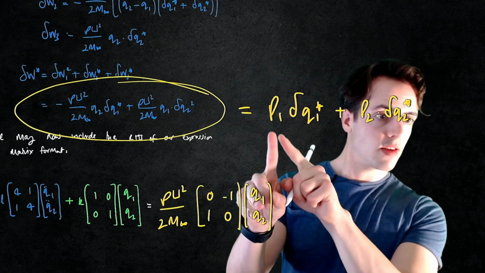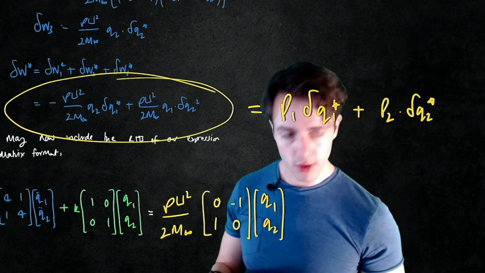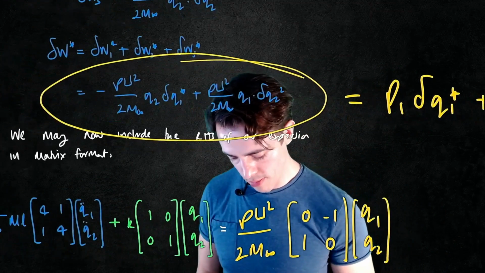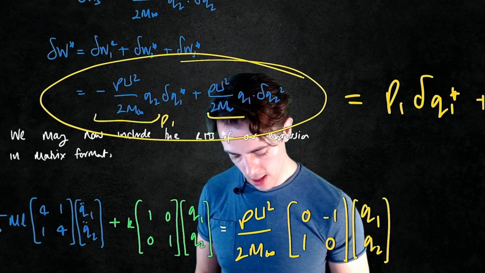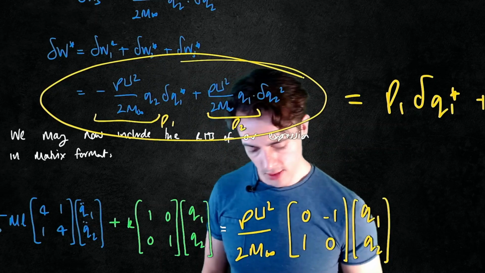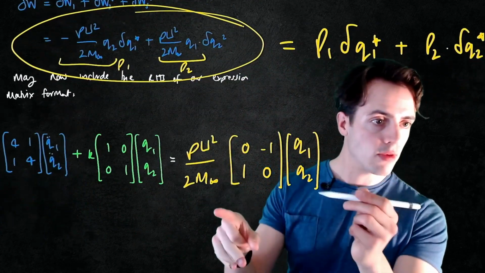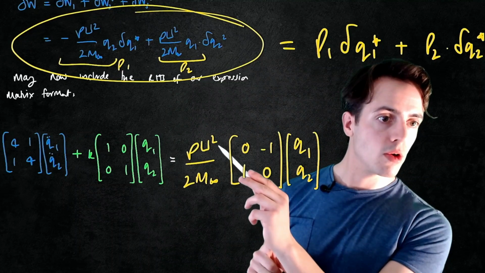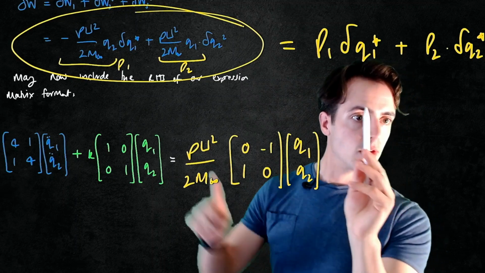Let me just check. Yes. So this is the P1, remember the work done by the conservative and non-conservative aerodynamic forces. So here, this is showing me what my P1 and my P2 are. So this is P1, and this here is P2. Okay, so that's why we can then put P1 and P2 into this matrix format like this. So remember, P1 is equal to minus rho u squared on 2 M infinity multiplied by Q1. So that's where we get this from here.